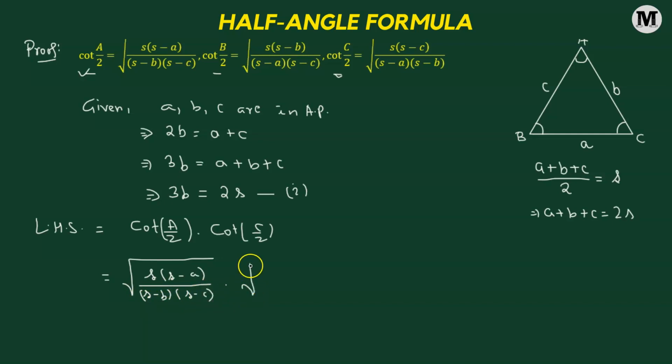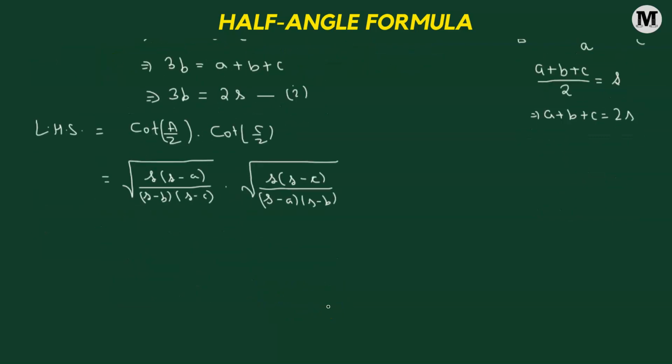This will get multiplied by cotangent of C over 2. So cotangent of C over 2 is square root of s multiplied by s minus c, divided by s minus a times s minus b. Okay, so let's further simplify.